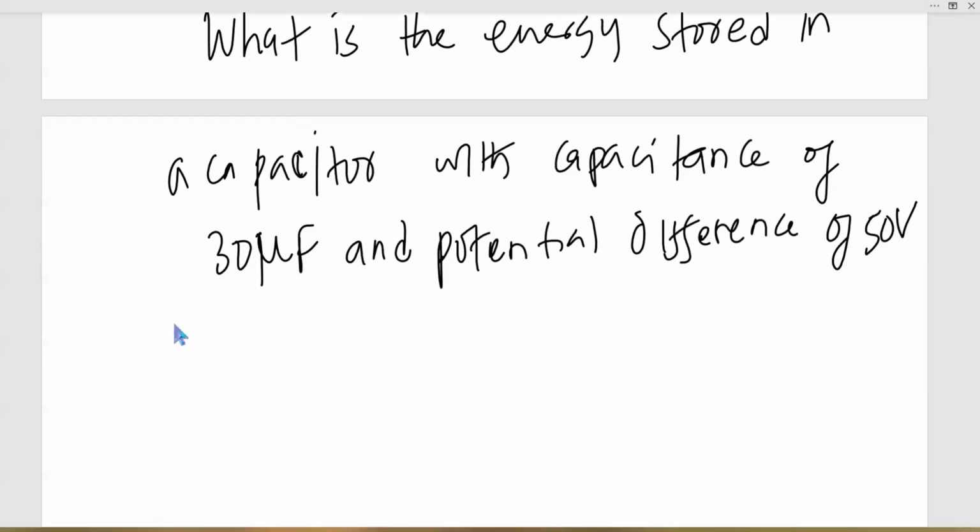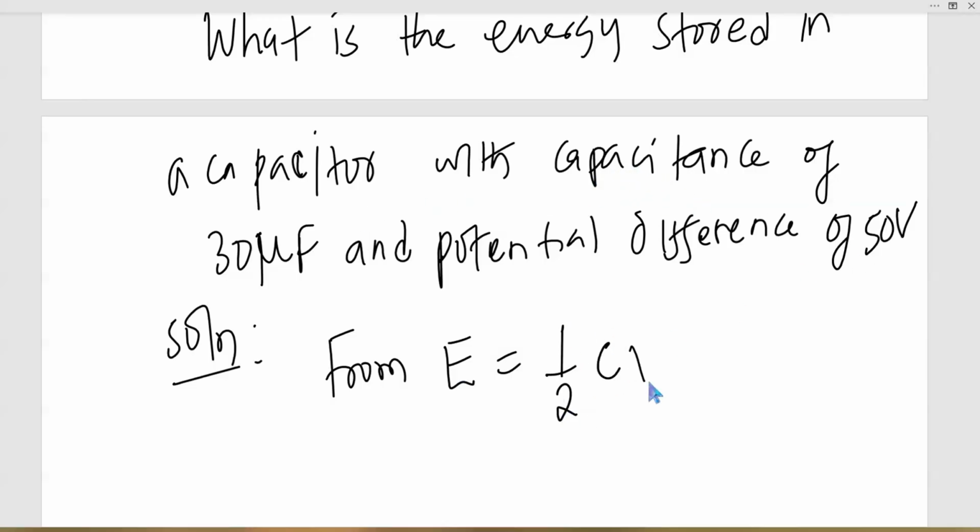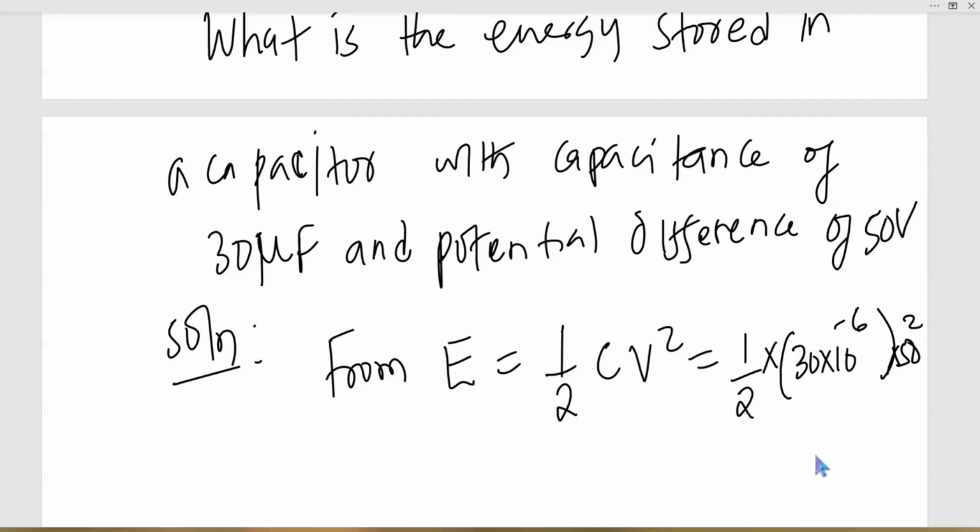So you can look at the solution as from E equivalent to, what do we have here? We have capacitance and voltage. So this will be a half CV squared. And this is going to be 1 out of 2 times 30 times 10 power negative 6 to convert it to farads. Then we multiply by 50 squared.